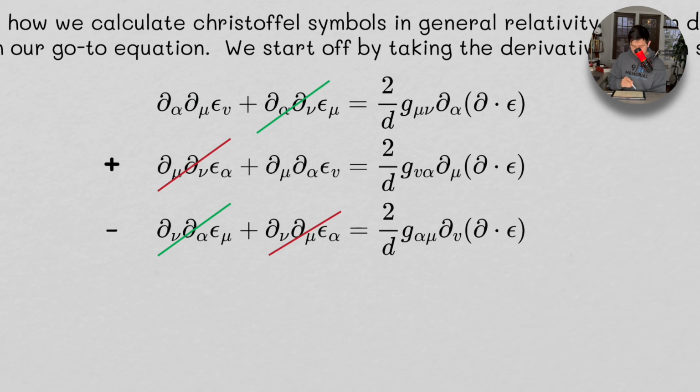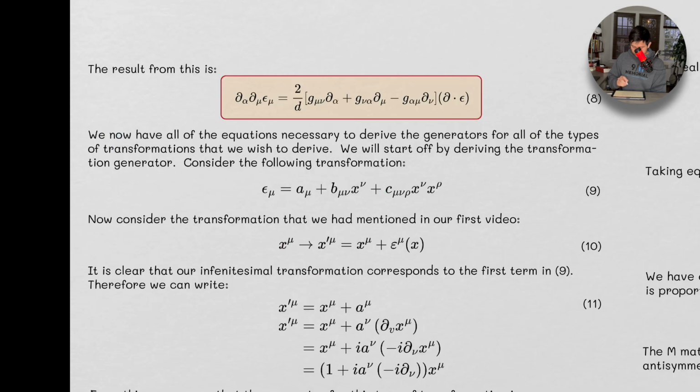And what ends up happening is that these two guys are the same, they will cancel out. And nu alpha, alpha nu, these two guys are the same, they'll cancel out as well. And what we end up getting is this guy right here. Okay, so now we have all the equations necessary to derive the generators for all of the types of transformations that we wish to derive.